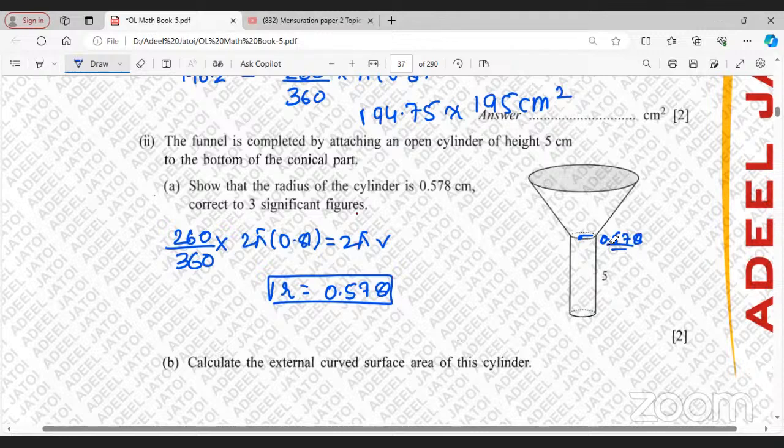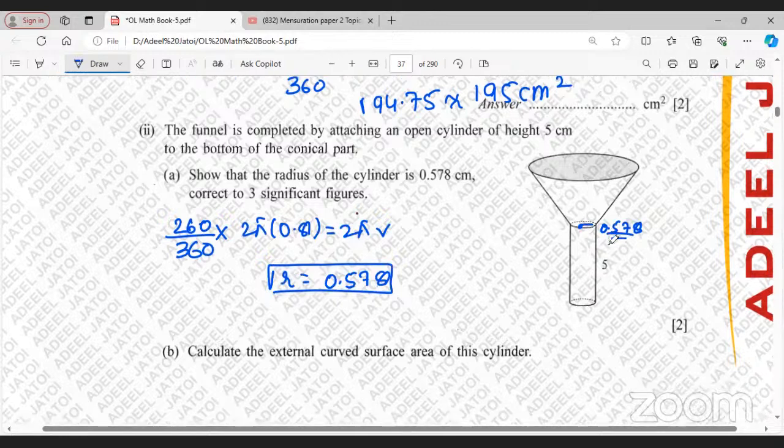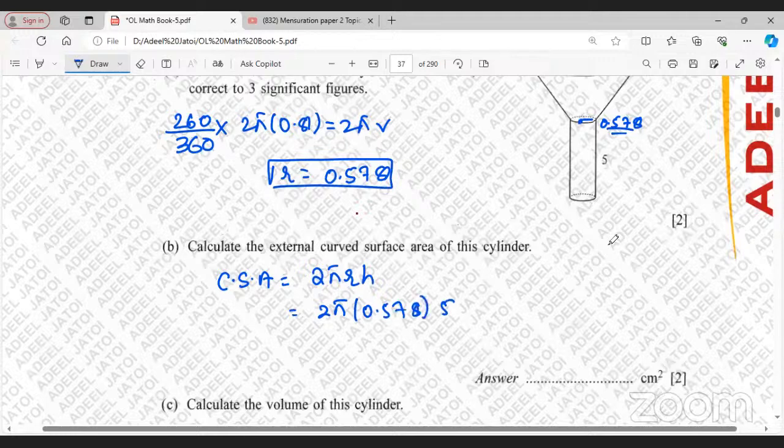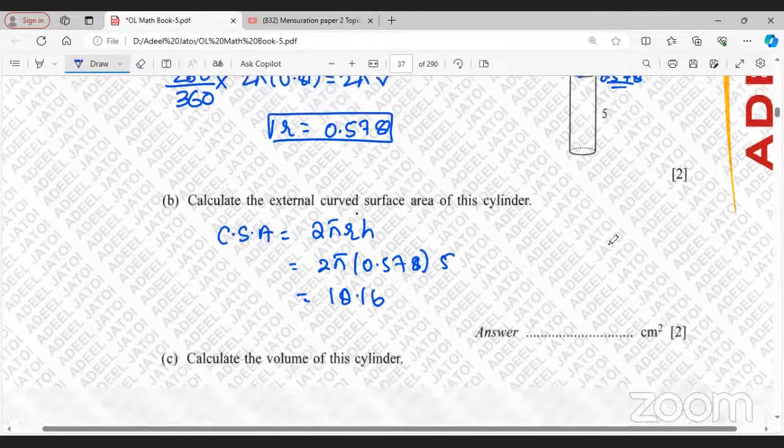Calculate the external curved surface area of this cylinder. The curved surface area formula is 2 pi r h. So 2 pi, r is 0.578 and h is 5. So 18.16 is the answer.